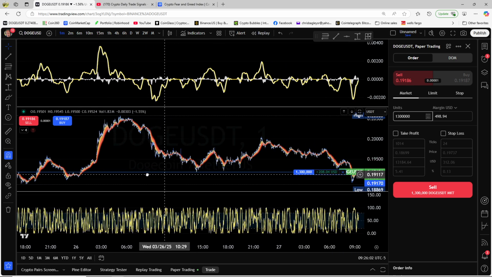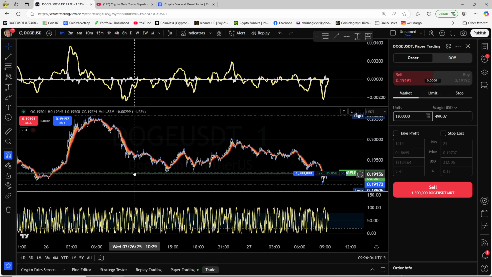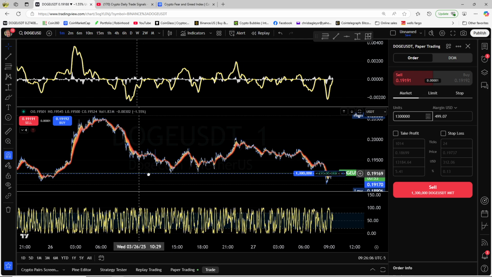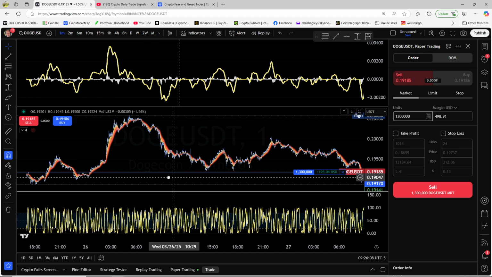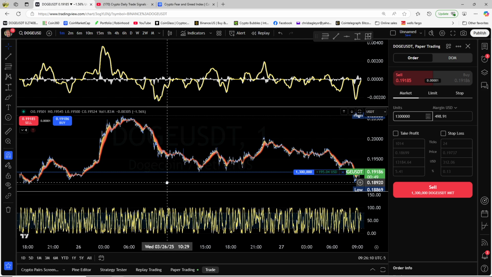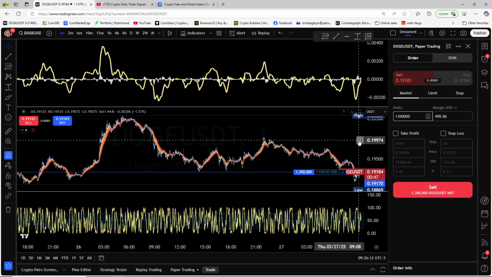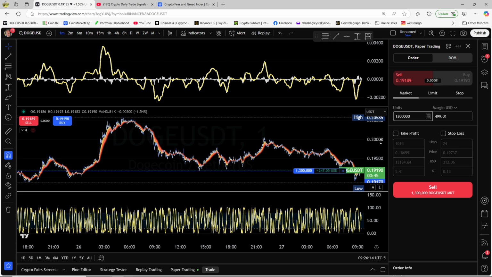Looks like 19.2 is the bottom, and 20 cents is the top.